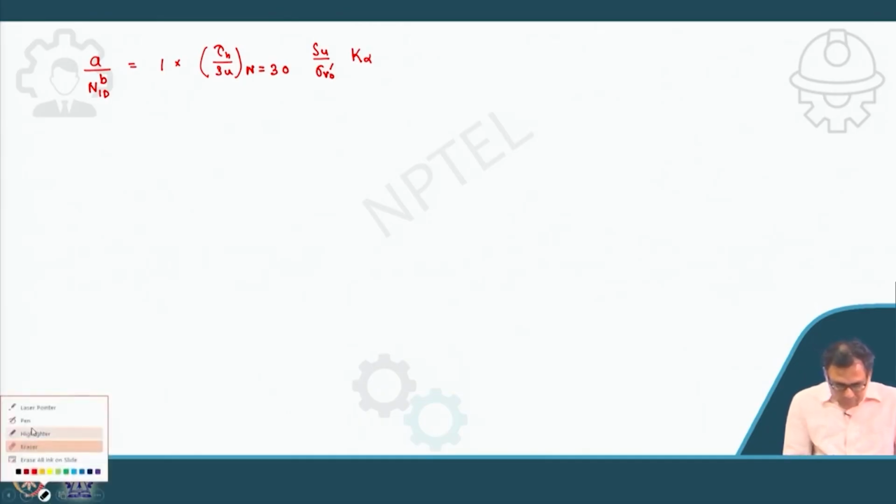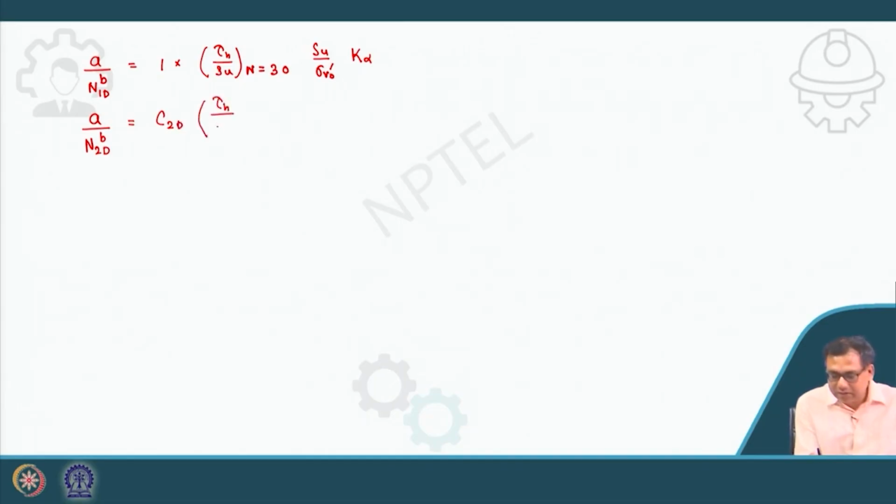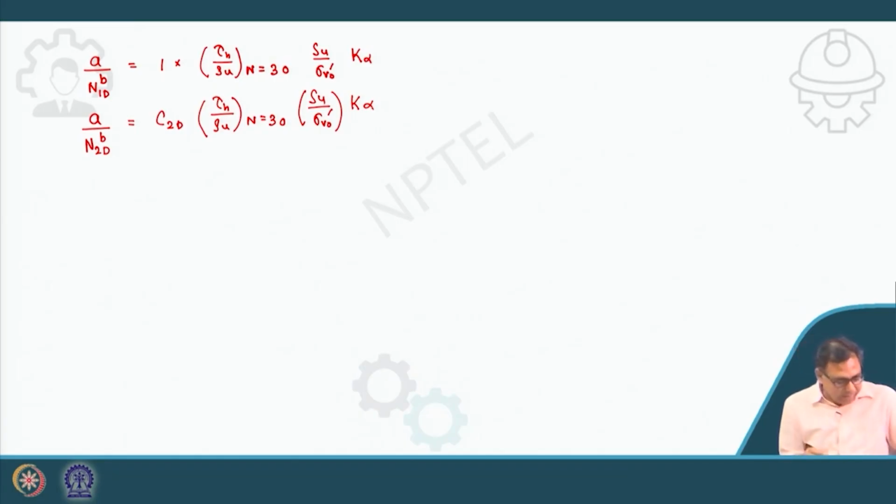So for the 1D case, 1D shaking, this is the expression. Now for 2D shaking, the expression will be A N 2D to the power B, that is equal to C2D, where the correction is required, that will be tau h over Su, with n equal to 30, equal to Su over sigma V0 dash into K alpha. Now what is N1D?